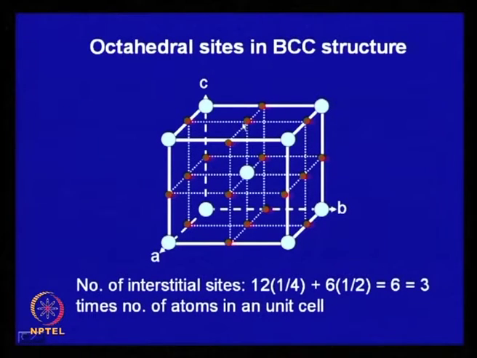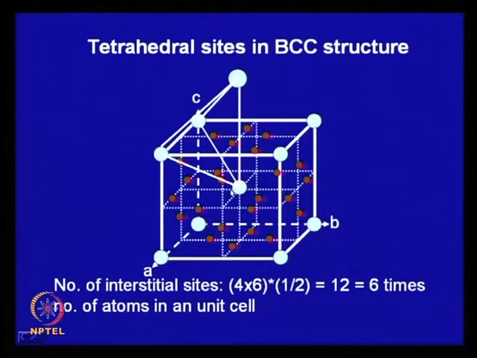The contribution of each towards the unit cell is half. So if you add these up, it comes out to be 6. That means there are 6 interstitial sites of octahedral type in a unit cell, and this incidentally happens to be 3 times the number of atoms in a BCC lattice.